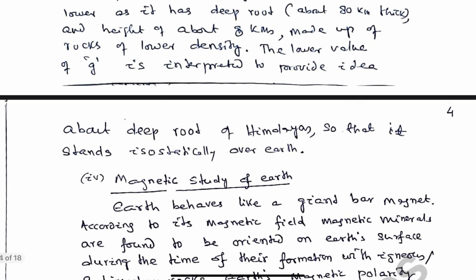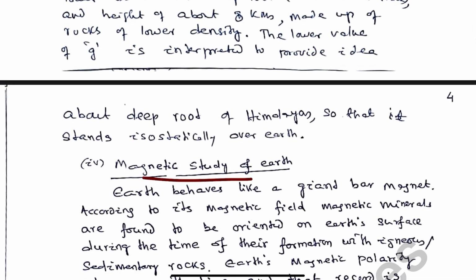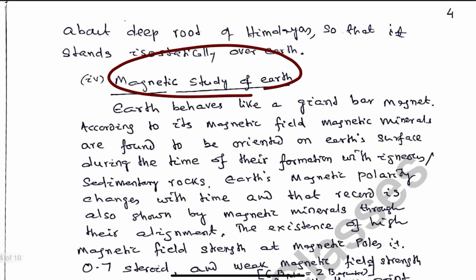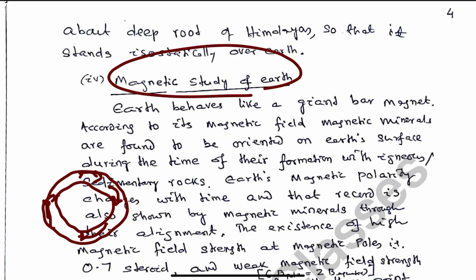Besides that, we have the magnetic field of the Earth. Earth behaves like a giant magnet because of the presence of the liquid iron core, which is in the process of circulation. The circulating or convection current that exists in the interior of the core with iron is responsible for formation of a big giant bar magnet.